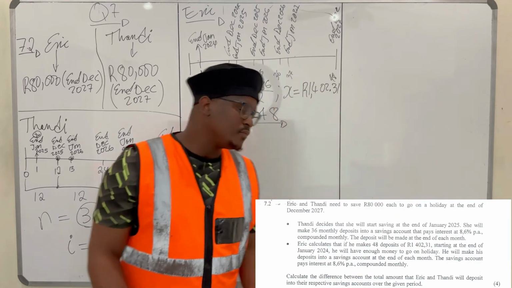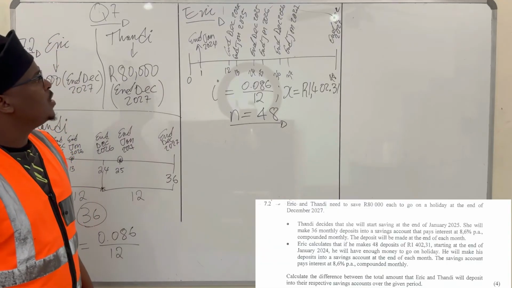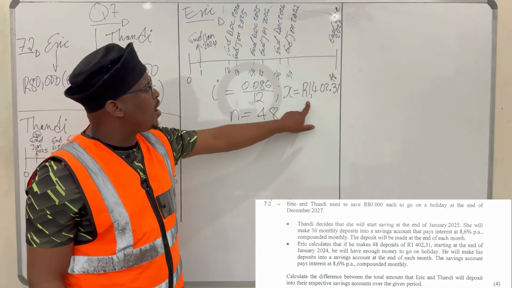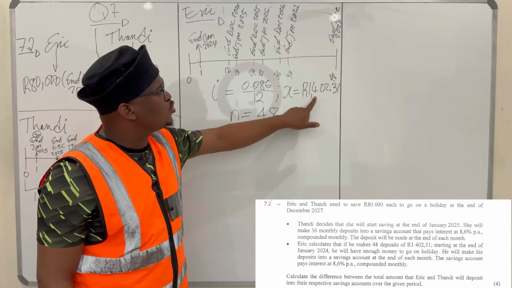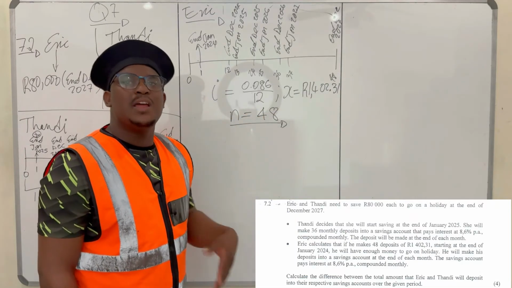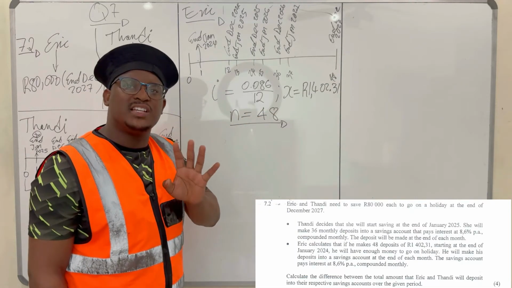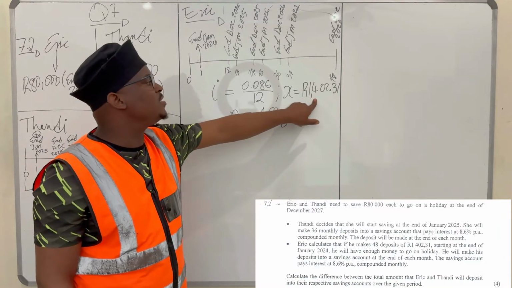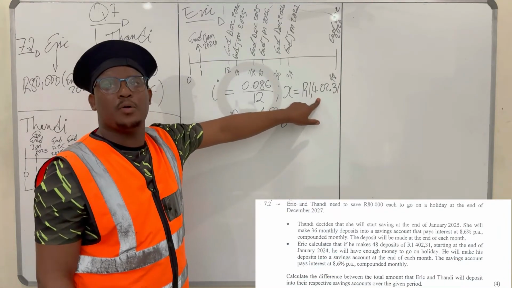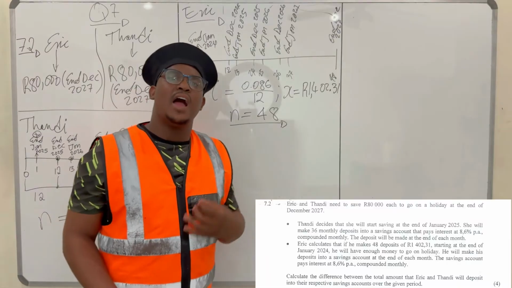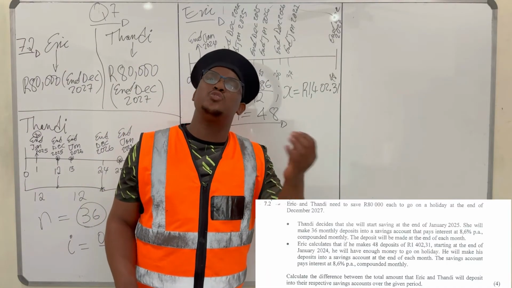Fine. How do we do that? We know Eric was paying 1,402 rand a month, and he paid that amount over 48 months. So he paid 48 times this amount. So we can find how much he deposited into his account.